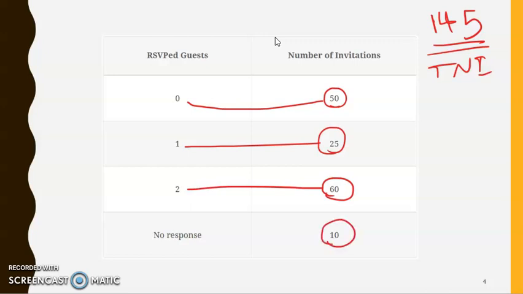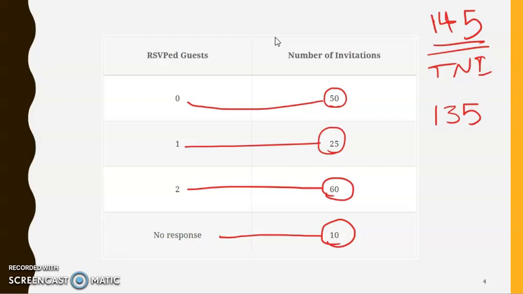And 10 out of 145 invitations didn't respond. So no response. So it means that out of 145 invitations, 135 invitations have replied.